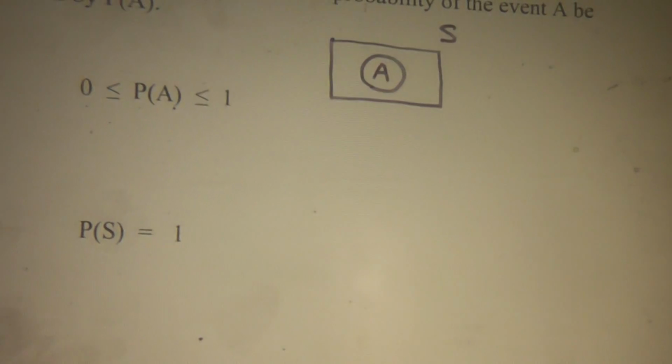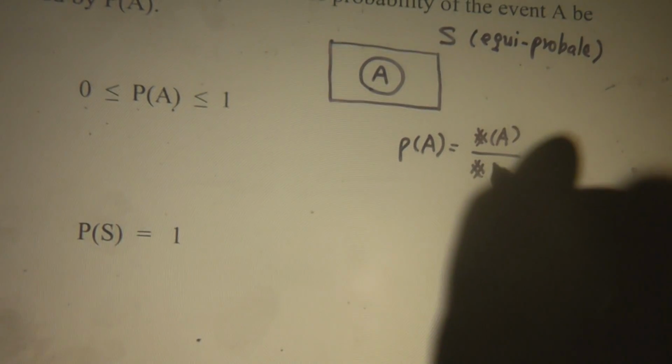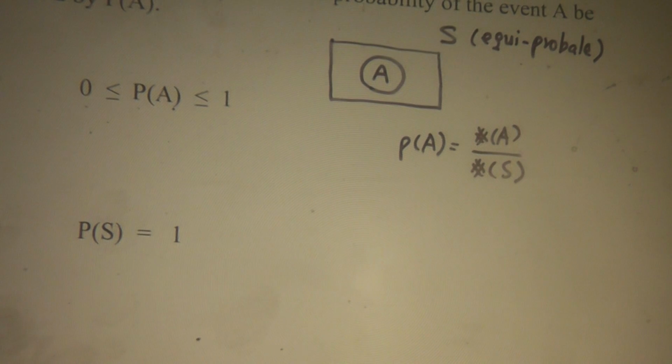This is S. And A is an event in S. If the sample space is equiprobable, then the probability of A is the number of outcomes in A divided by the number of outcomes in the sample space.